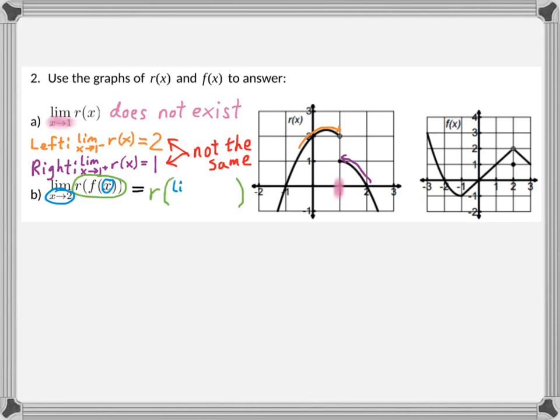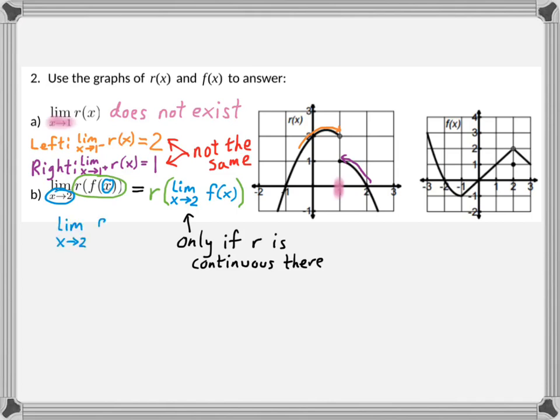So I could really rewrite it like this: r of the limit as x approaches 2 of f of x. As x is approaching 2, whatever happens to f will tell me what value I plug into r. Note though, that this only applies if r is continuous at the value we determine for that limit. If it's not, we have a lot more in-depth analysis to do, and I'm not going to cover that in this video. Okay, so let's consider what the limit as x approaches 2 is on the function f of x.